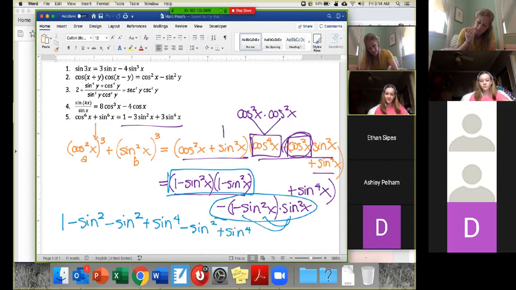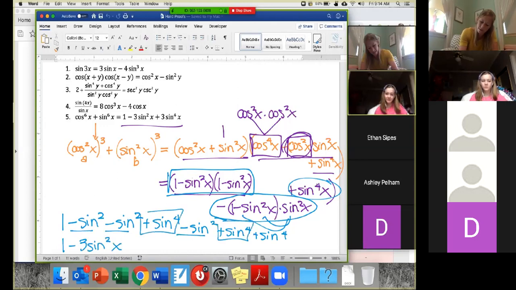And then I have this leftover plus sine to the fourth here. So from here, it's just combining like terms. I have a 1. I have 1, 2, 3 sine squared, so minus 3 sine squared. And I have 1, 2, 3 sine to the fourths, which is my answer.